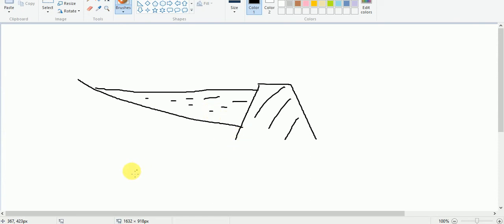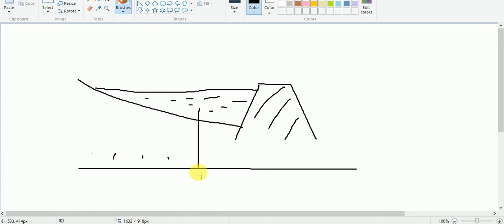And if the underlying rock here is weak, because of the weight of the water from above, there may be subsidence here.